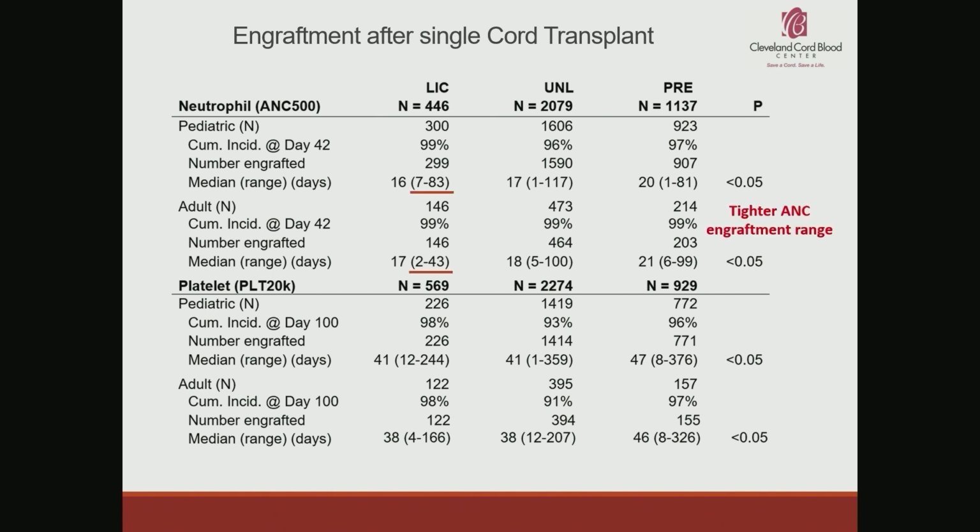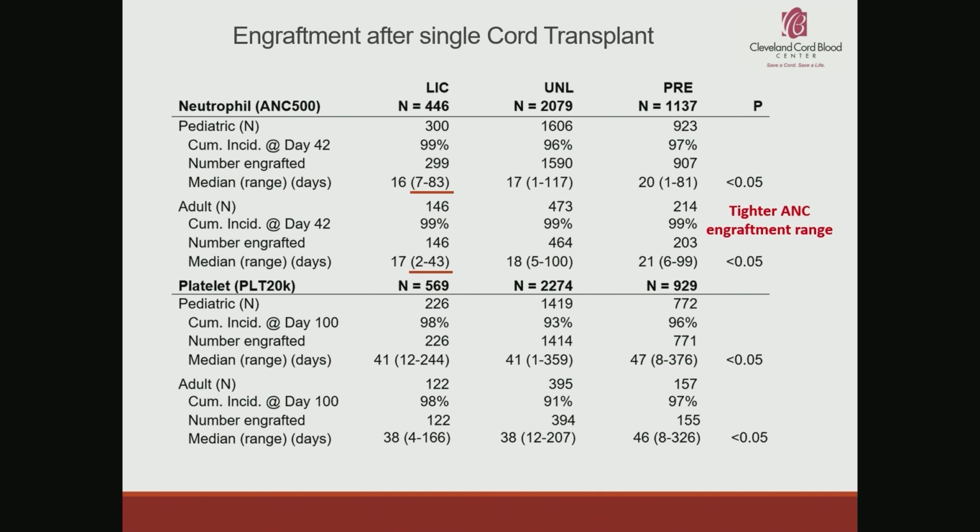And the same thing I want to outline here. If you look at licensed, so this is on the top, neutrophil engraftment for pediatric recipients and adult recipients. And what we can see there is that there is a hint of a slightly faster engraftment for licensed products.